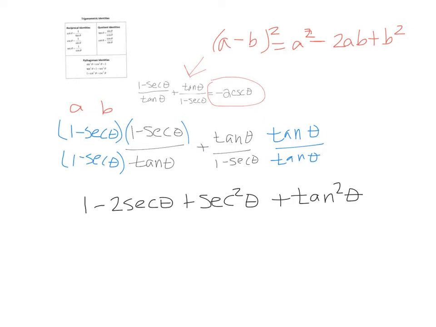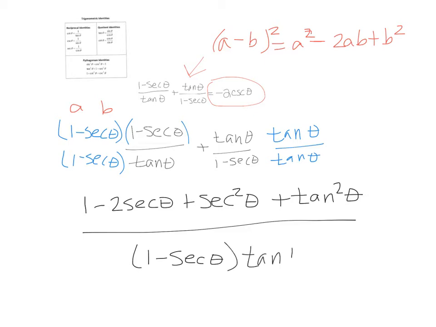That's from the right side of the addition sign. And on the bottom, I'm not even going to bother to multiply them. I'm just going to write it as 1 minus the secant of theta times the tangent of theta. And that should be okay.